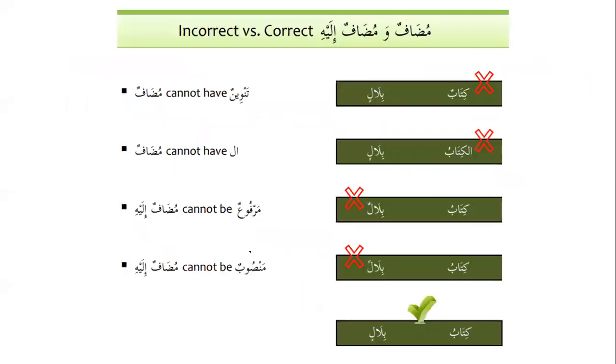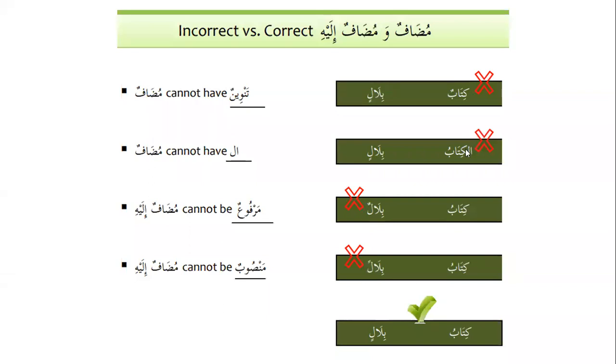Now here we have a little bit more information. Mudaf cannot have tanween, as we have discussed earlier. So it cannot be kitabun bilalin. It cannot have al. It cannot be al kitabu bilalin. And similarly, mudaf ilayh cannot be marfu. So it cannot be kitabu bilalun. And similarly, it cannot be mansub as well. We cannot say kitabu bilalan.